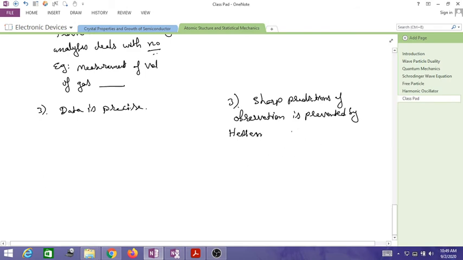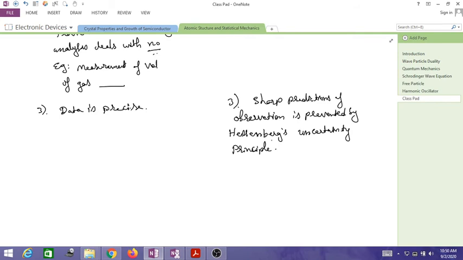Let me write Heisenberg uncertainty principle clearly. It states that for any pair of variables that are canonically conjugate to each other, this theory of sharp prediction cannot be applied.